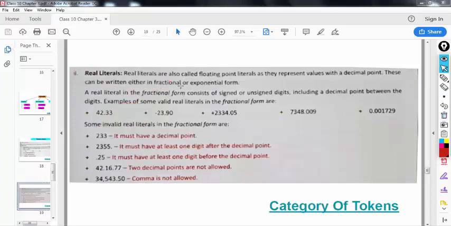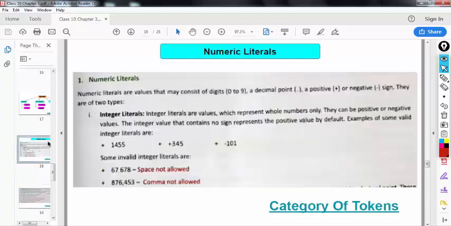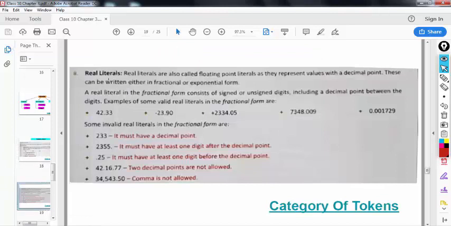So real literals are those literals which have the decimal point, and all other rules which applied to the first category of integer literals will still apply to real literals as well. The only difference is that it will have a decimal point.